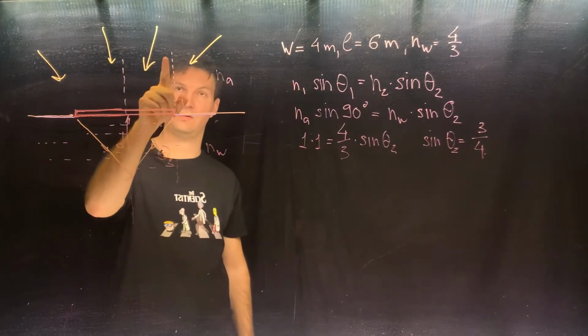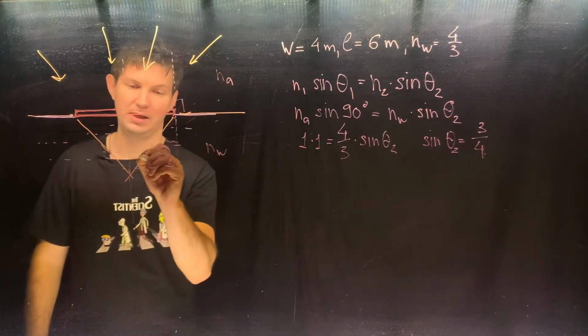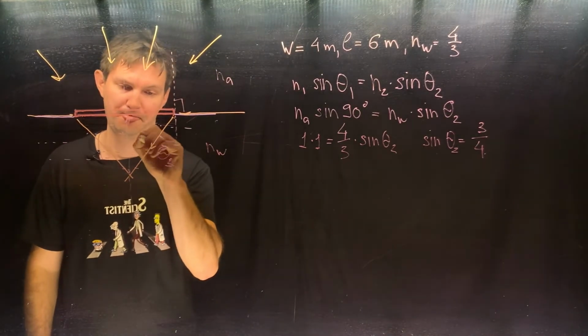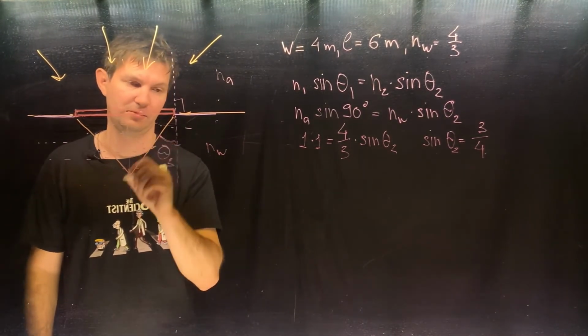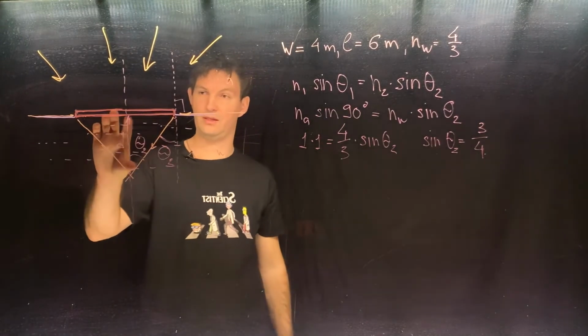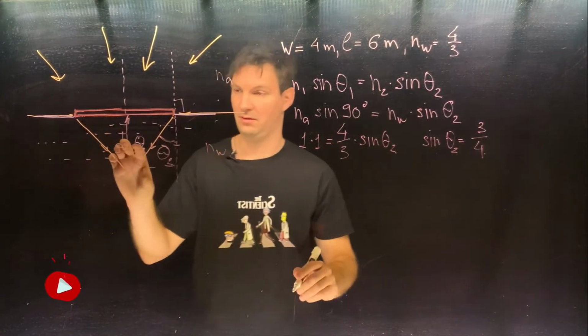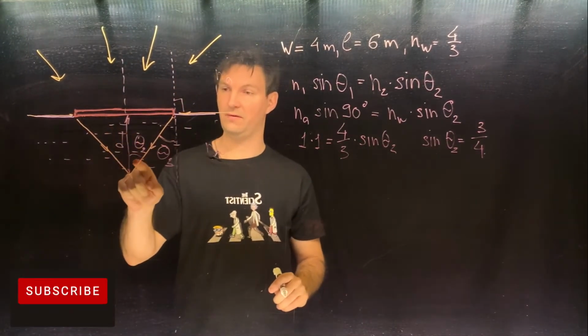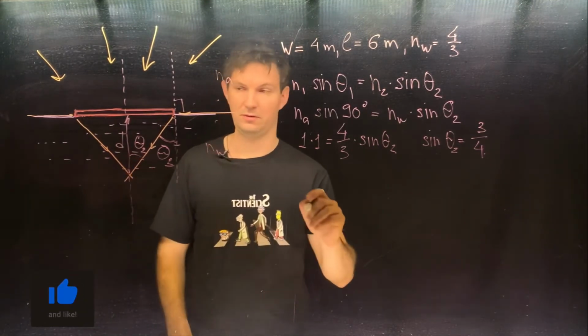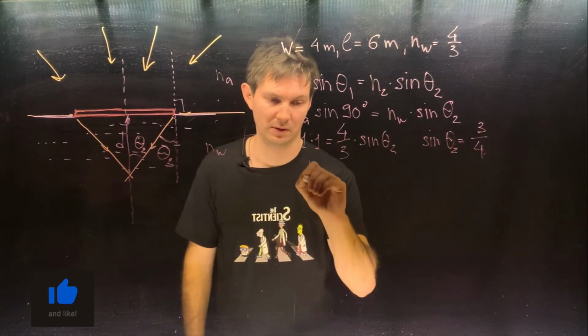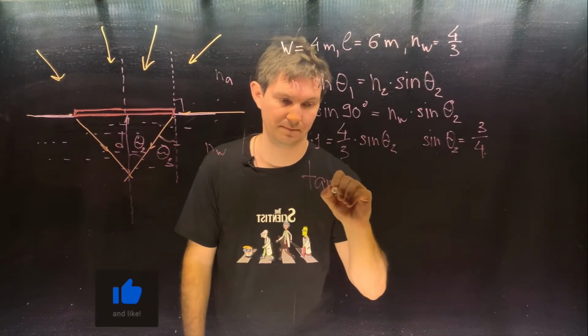This line is parallel to this line. So this angle is also theta 2. And we have tangent of theta 2.